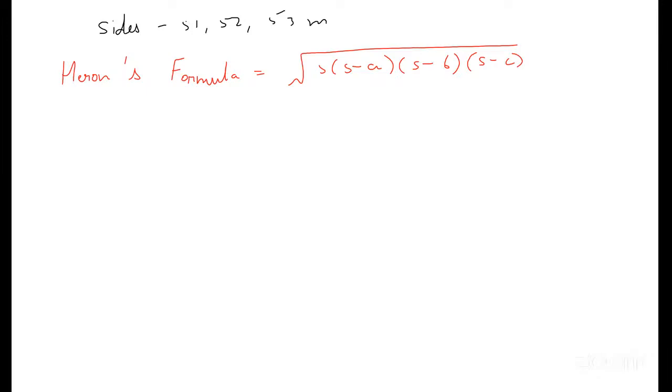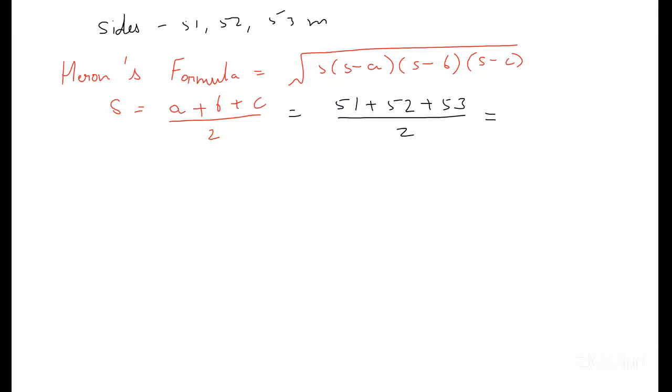Okay, now what we don't have is the value of S. So for calculating S, there is a formula: S is equal to A plus B plus C divided by 2. That is the formula to calculate S. Now write all the things, 51 plus 52 plus 53 divided by 2.